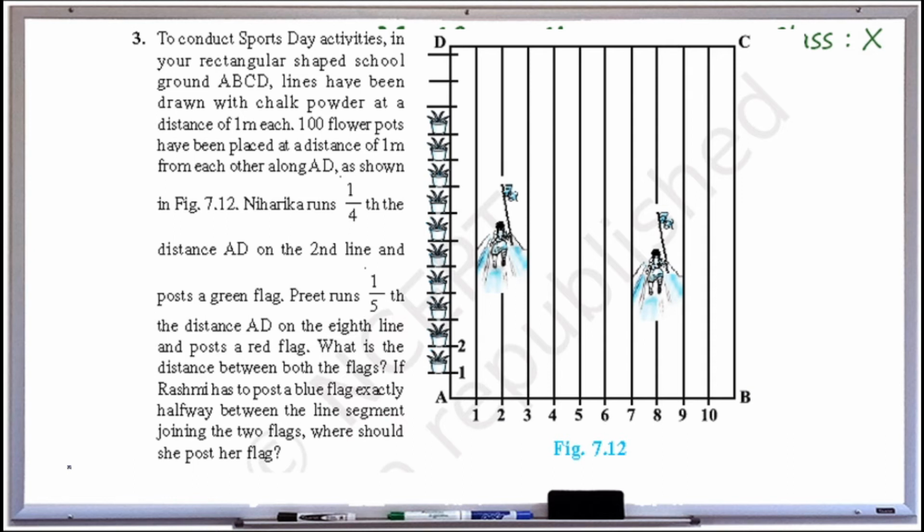So you have to watch figure 7.12. All of you take your textbook, page number 167. You have the figure, and you can see two friends running, and the first student is running on track 2 and the second student is running on track 8.